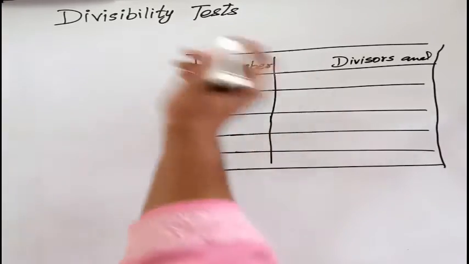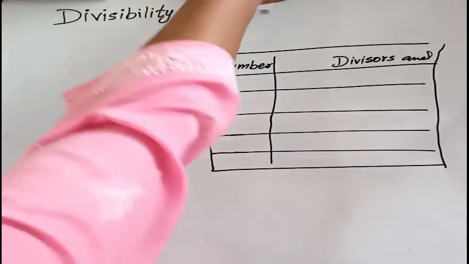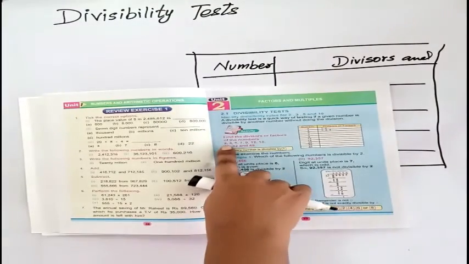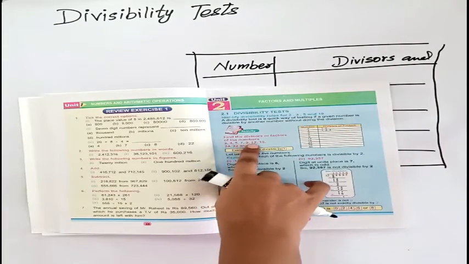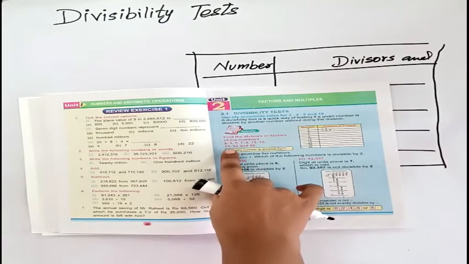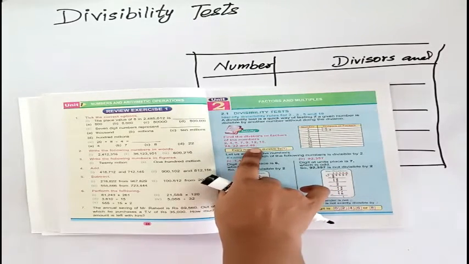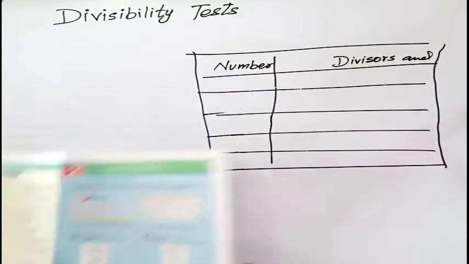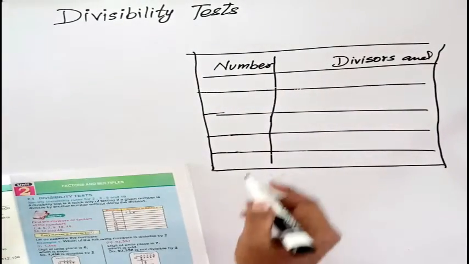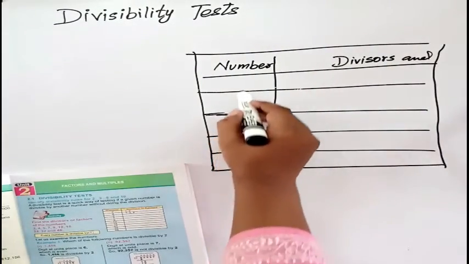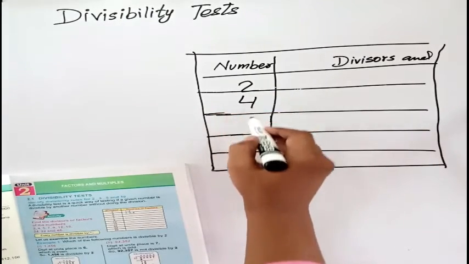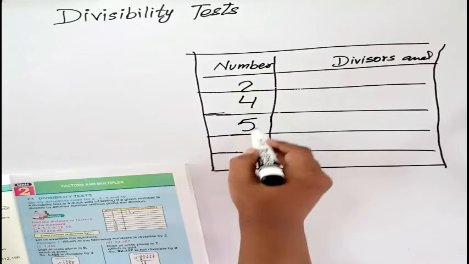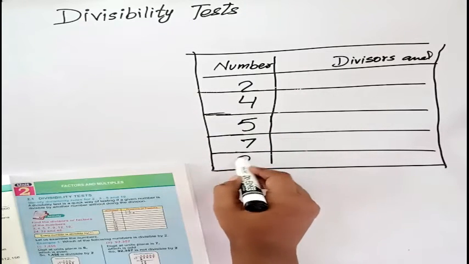For suppose, the numbers are 2, 4, 5, 7, 9, 12, 18, 24, 32 and 48. So over here I will write a few of the numbers like 2, 4, 5, 7, 9.